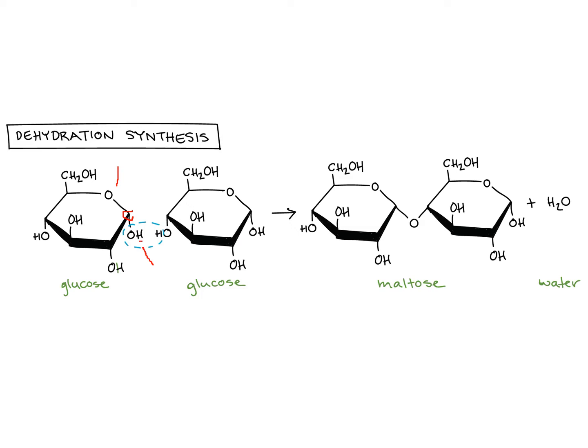So an H from here, an H from here, so there's H2, and an oxygen from one of these molecules, leaving behind a single oxygen in between. And so again, an enzyme is going to remove the water. So if we look on the other side of this equation, we can see water. Here's water, sorry. That has been removed, again, by an enzyme. We'll talk about that. And now, where we once had 2 glucose monomers, now we have a maltose molecule.